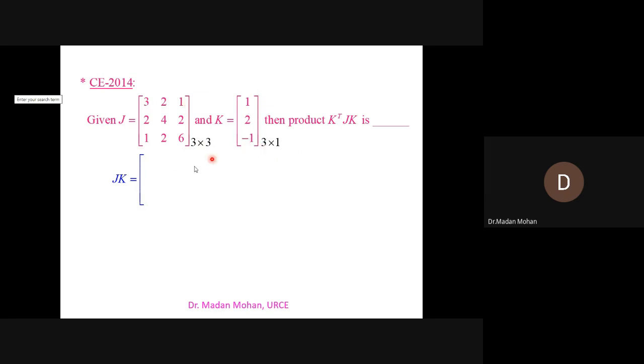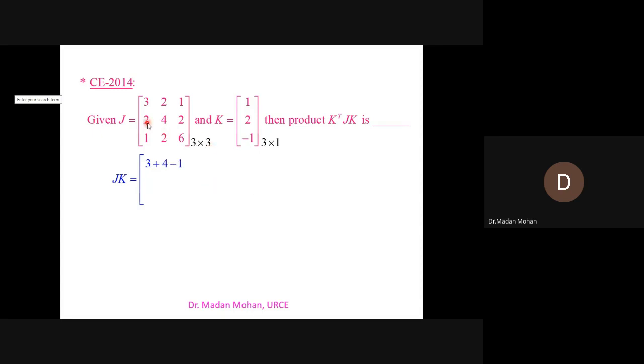Only 1 column you will get here. 3 into 1 plus 2 into 2 plus 1 into minus 1 means 3 plus 4 minus 1. It is the first element.